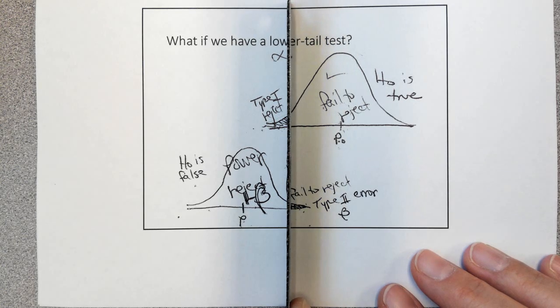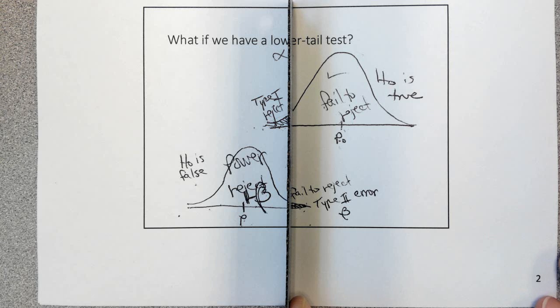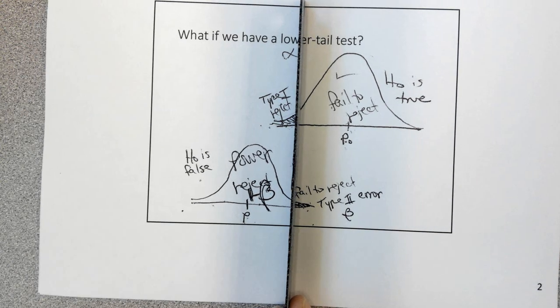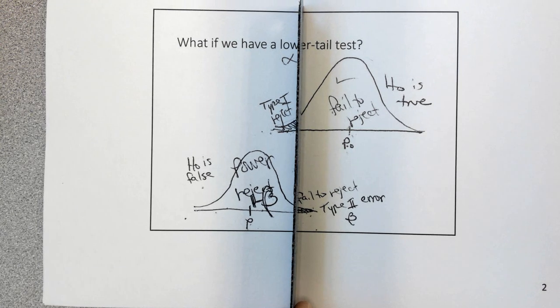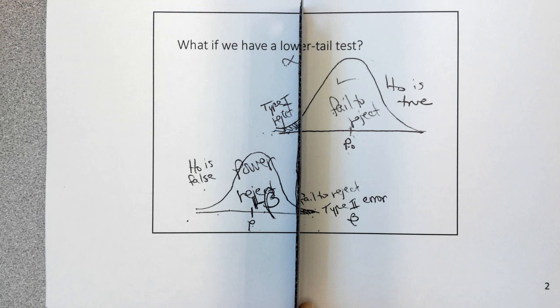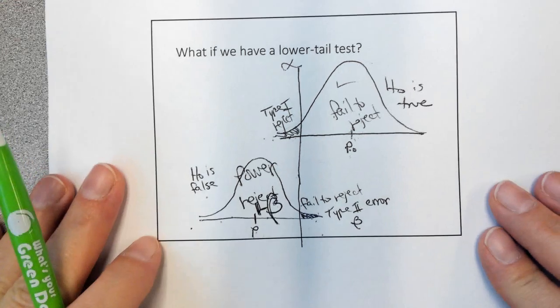The only way to make both of those smaller is if both of these curves get taller and skinnier, and the only way that can happen is if you increase your sample size. So more samples, more people, more things to look at is going to make both of those smaller and lessen your chances of both types of error. But you can only lessen them so much. They never really go away because those tails go off to infinity.